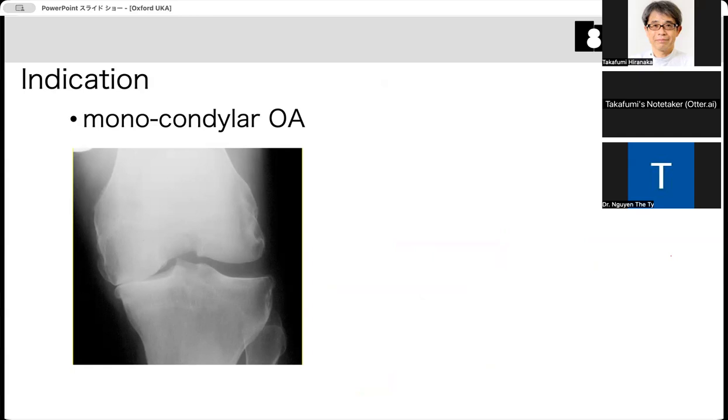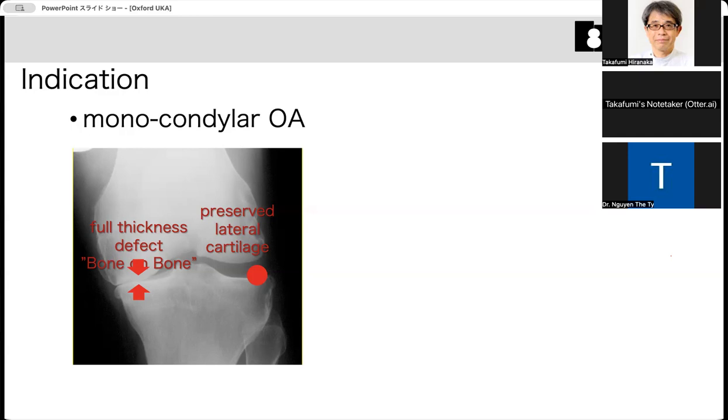But now I am talking about focusing on the medial osteoarthritis. 単顆型の OA ですよね。内側だけとか、外側だけ。今日は内側だけに注目します。The condition is full thickness cartilage wear on medial condyle. 内側の全層性の軟骨欠損が必要です。And the lateral side should be intact.